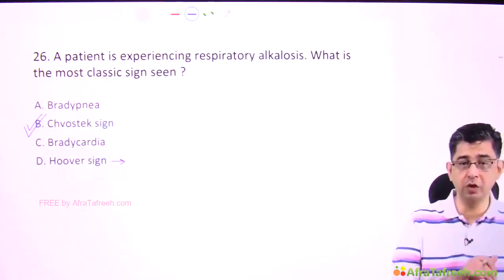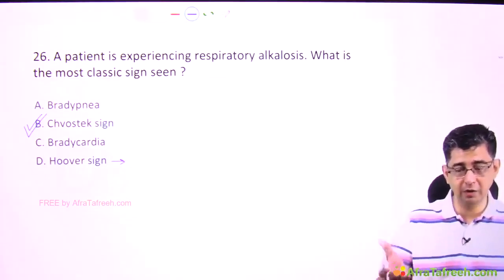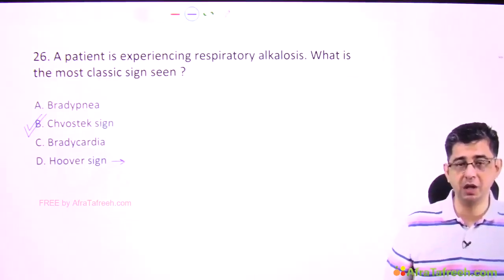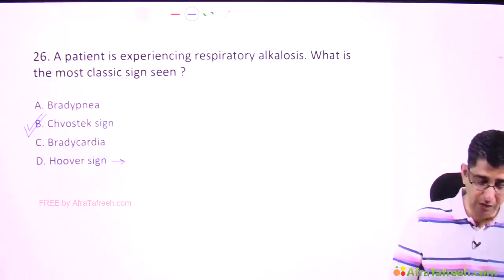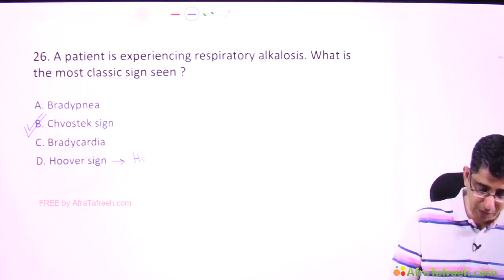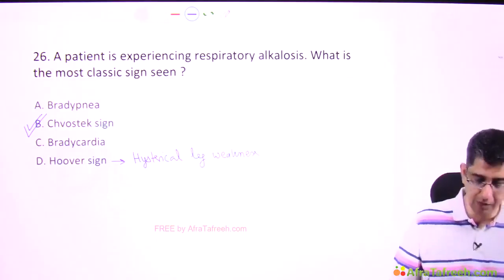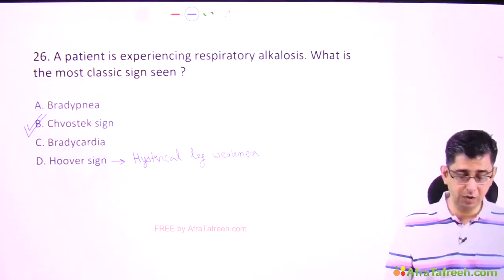He will try to push down on your contralateral hand so that he can raise one leg. He'll try to use one hand of yours for traction purposes. This is evaluating genuine leg weakness versus a hysterical leg weakness in a person. That is how a Hoover sign can be seen in the patient.